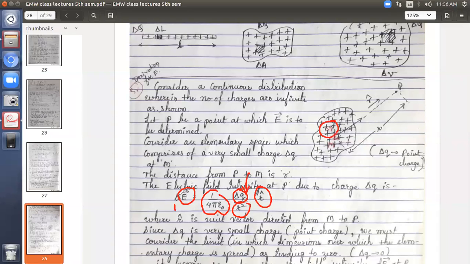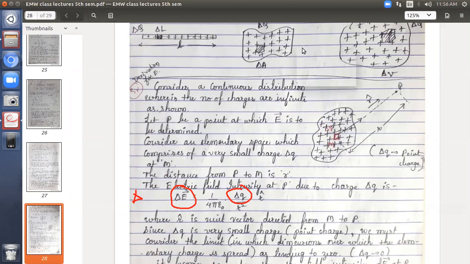Okay. Now, why have I taken delta E? Anyone? Please answer me why I have considered, in this figure, delta E. Why have I put this triangle as a delta? The charge is delta Q. Anyone? You can unmute and answer me.